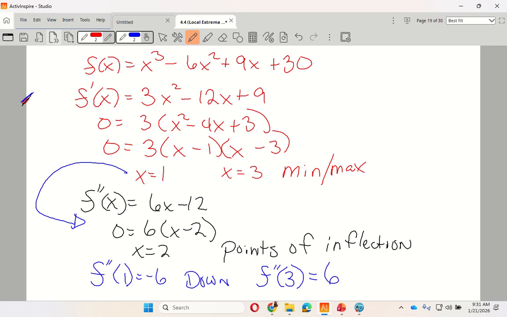It's positive, so therefore it's concave up. So if it's concave up, that is a min. And if it's concave down, that tells me that is a max.